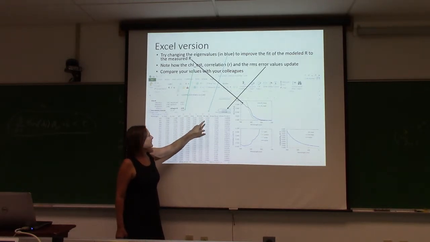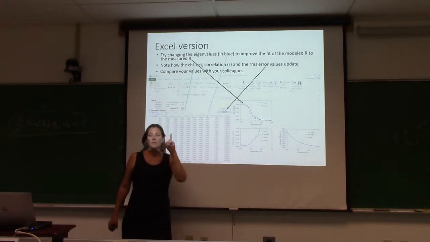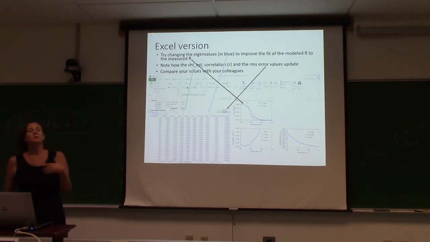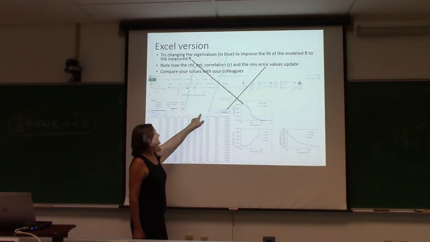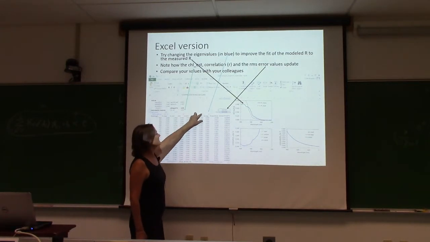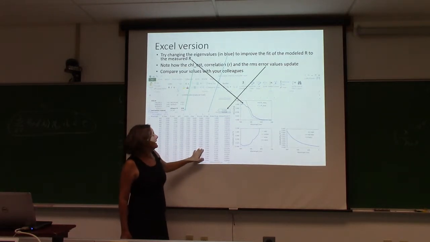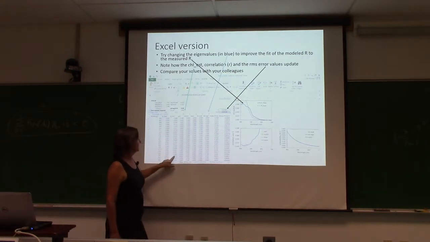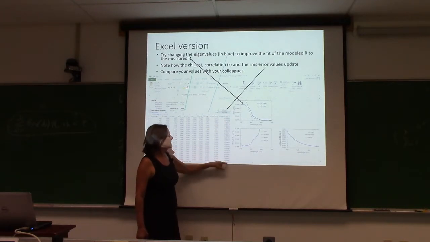Because the eigenvectors are scaled to a value of 1 at 400, if you want an absorption coefficient of 0.01, you would put 0.01 in here where these blue zeros are. As you change this, it will populate this with the magnitude of the absorption and backscattering, and it will calculate a modeled reflectance spectrum and the statistics over here.